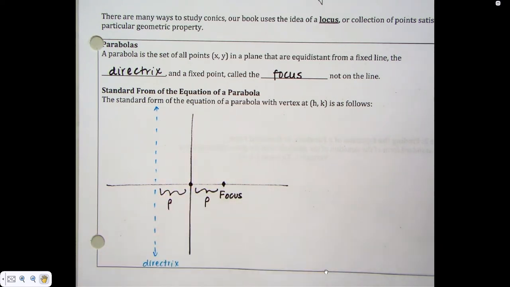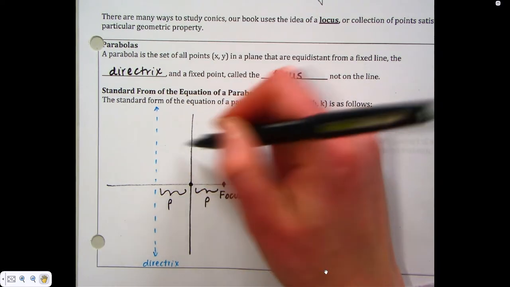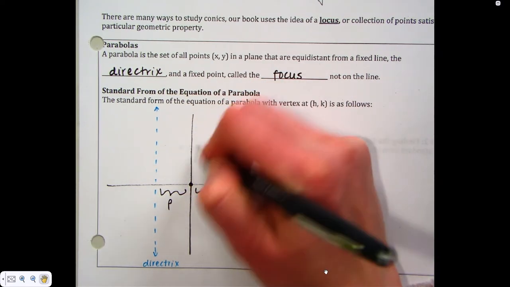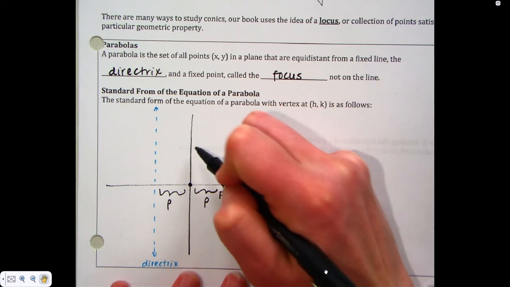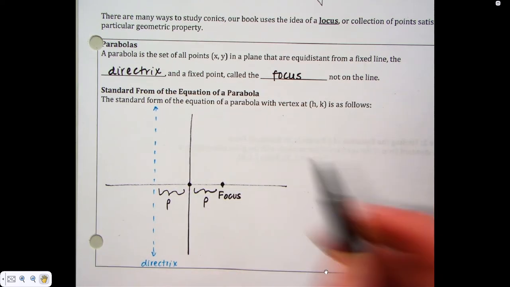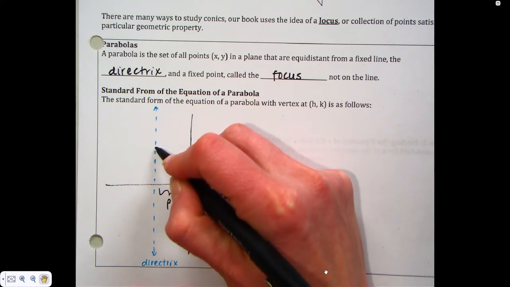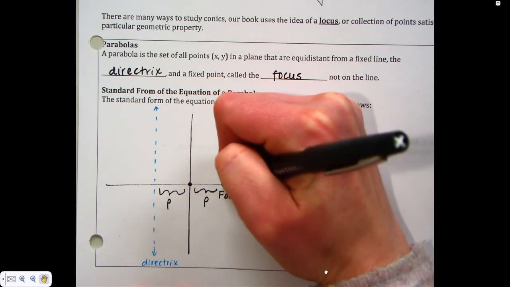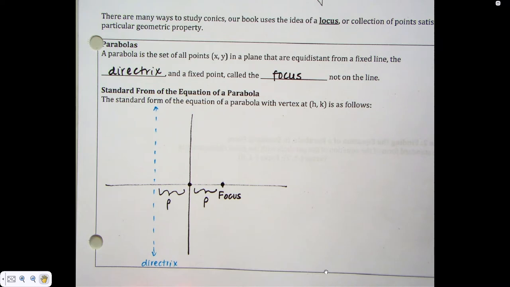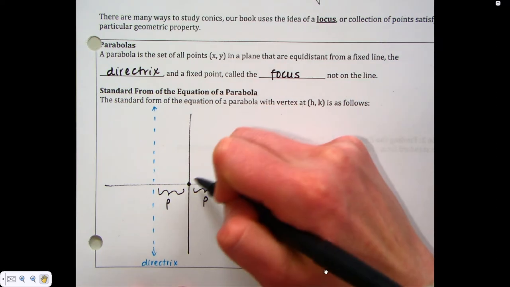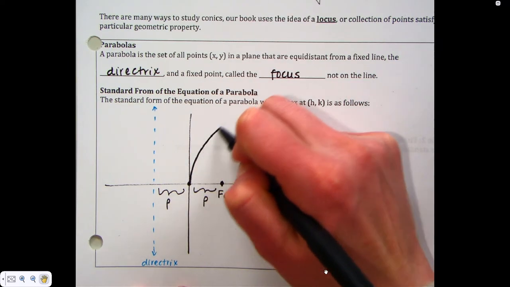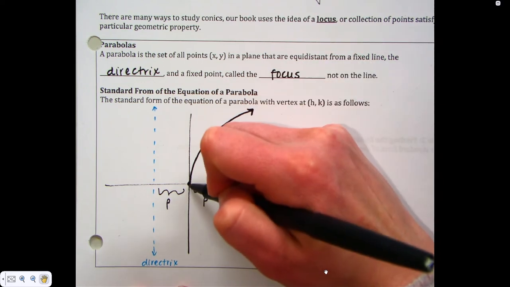We want to imagine that we're testing values everywhere. We want to pick only coordinates so that the length from that point, measured perpendicular to the directrix and then straight to my focus, gives the same exact value every single time. Let's draw in what we know as a parabola.